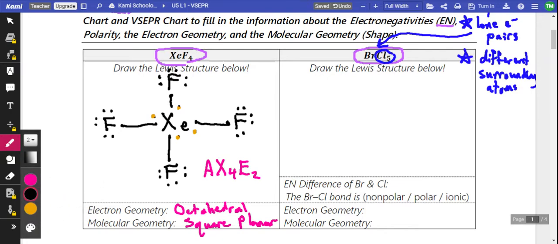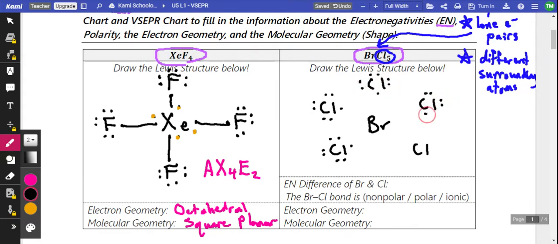BrCl5. This is going to be kind of weird again, but Br is the odd one out, so I'm going to put it in the middle and surround it with five chlorines. Each chlorine has 7 valence electrons because they are all in column 17. Again, we're going to prioritize the octet rule for our surrounding atoms, the chlorine, rather than the center atom, the bromine.